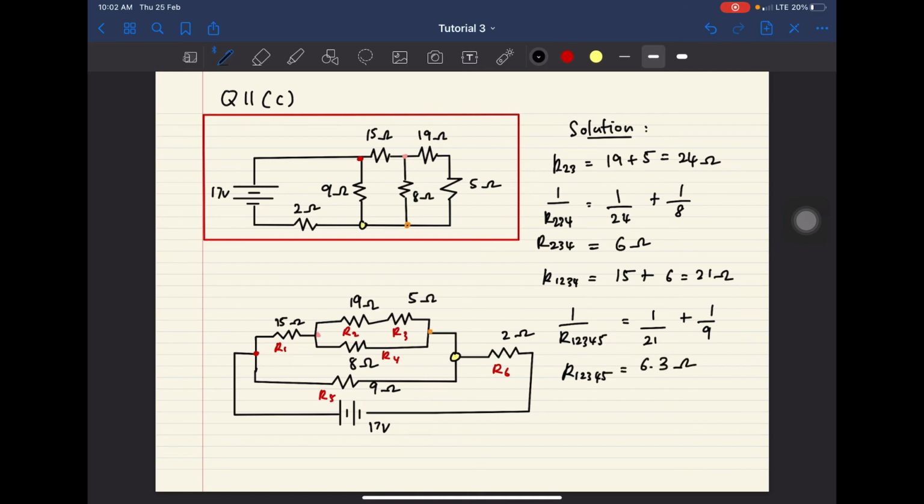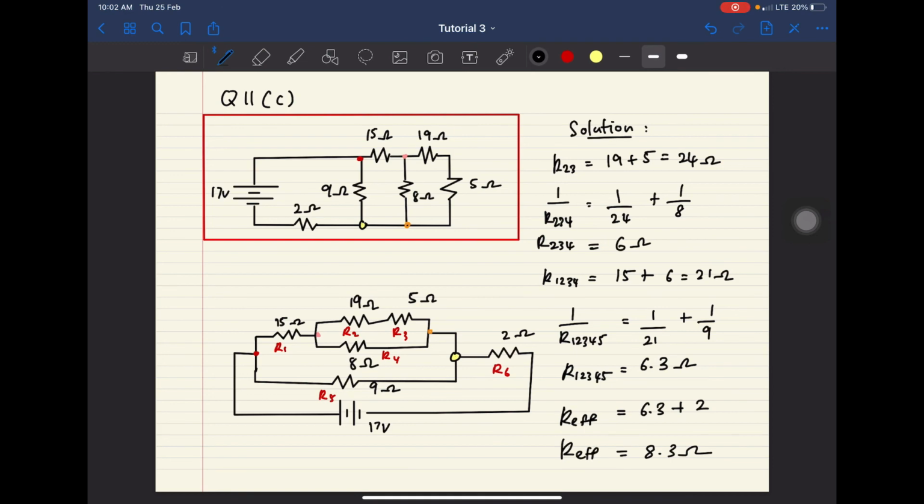Okay, and the last step is obviously to combine with the R6. So my R effective will be 6.3 plus 2. So the whole thing here plus this one, okay, which is equals to 8.3 ohm.